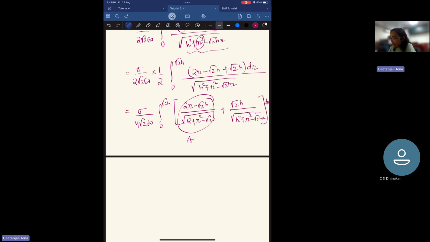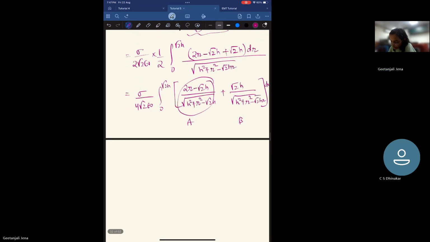This is dx by x. So you can take h square plus r square minus root 2hr as x square.